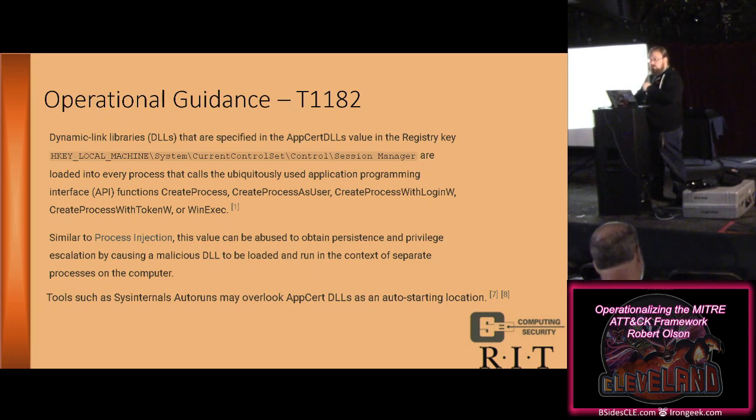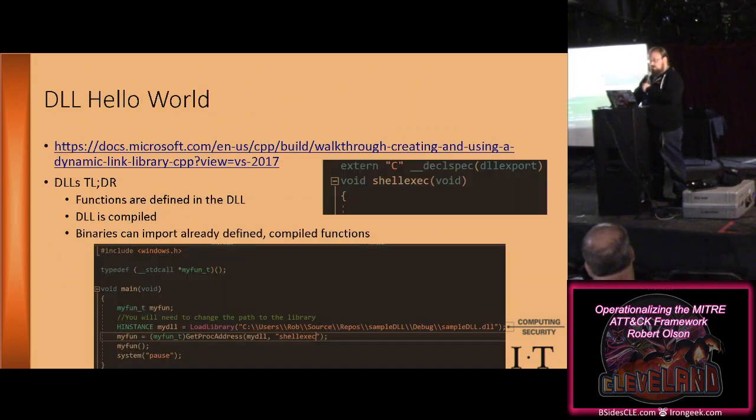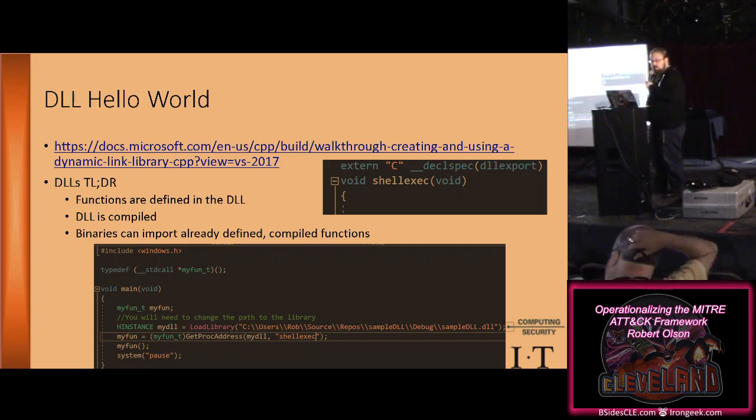It showed me when this gets invoked. It very interestingly told me that tools such as Sysinternals are very likely to overlook this as something that gets started automatically. Those were all things that influenced me in picking this option. So it was a good choice. But as I said, there were some crucial details missing.